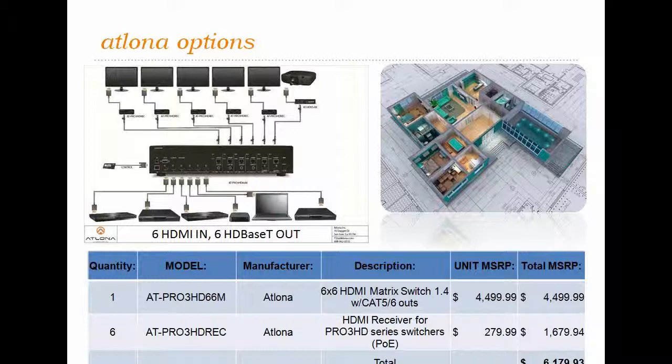That's called an M2C, which is an audio de-embedding product. Sometimes, particularly in a matrix environment like you see right here, and this is a good example because in this picture I've got 5 displays, and then the 6th one is a projector. So we're assuming in this house there's a theater with a surround sound system. Let's say you've got a Blu-ray player feeding from the rack, and someone in the theater is watching a movie.